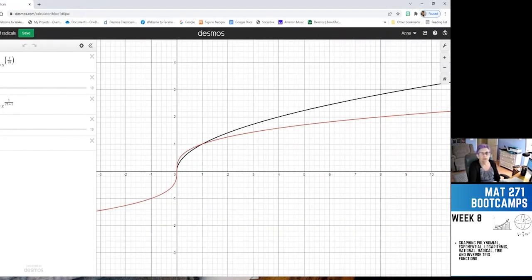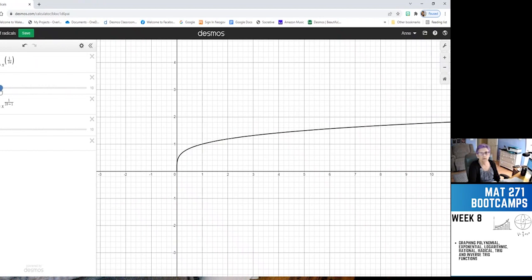If we have an even index, let's turn that one off. There's the square root, fourth root, sixth. It just gets flatter and flatter.